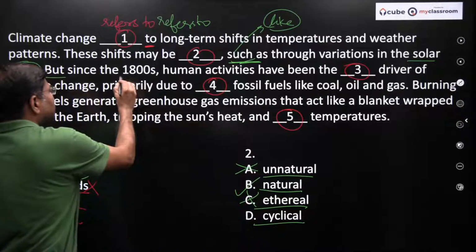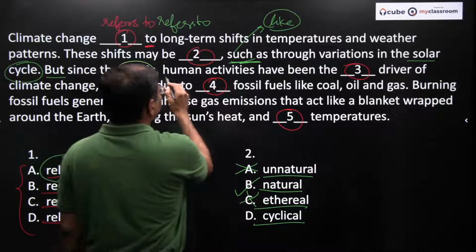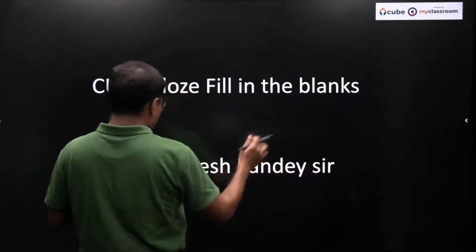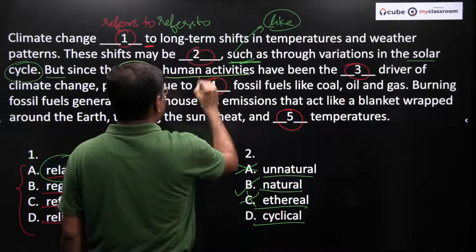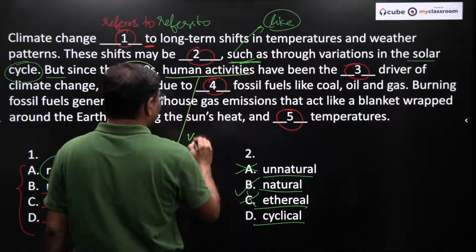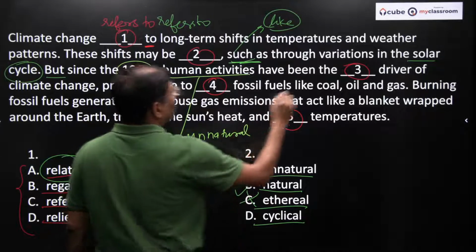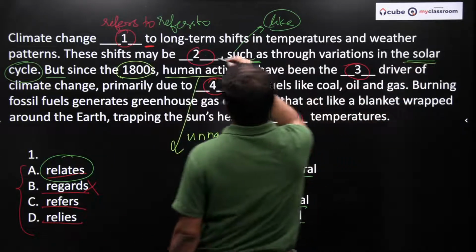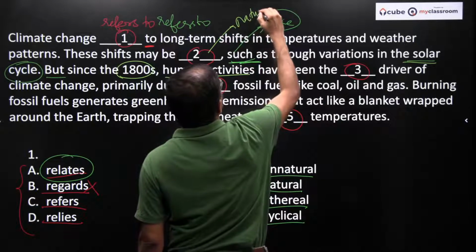But since this time period, variations are happening because of human activities. So human activities make it not natural. Because we have used the word human activities, this is basically what? Unnatural. So in the earlier case, because of the solar cycle, this can be called natural. You have to understand the context. See, this is not an easy question to understand.